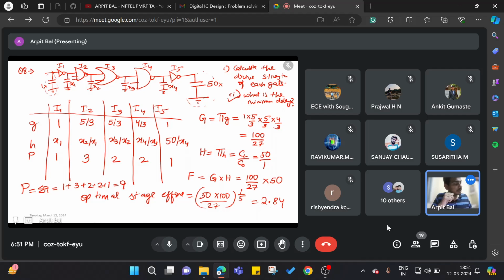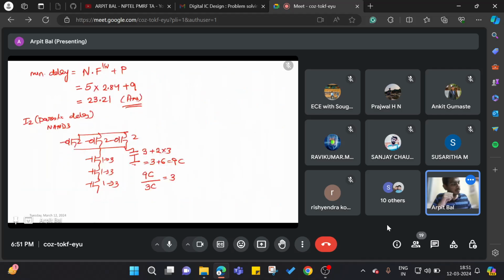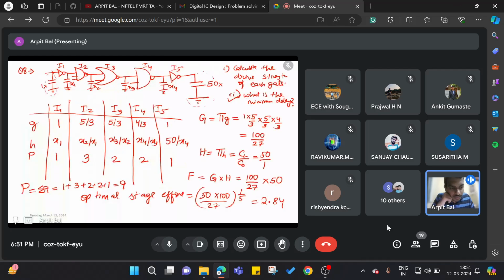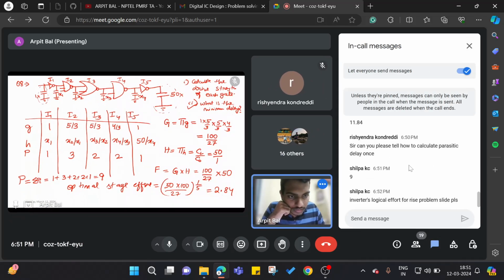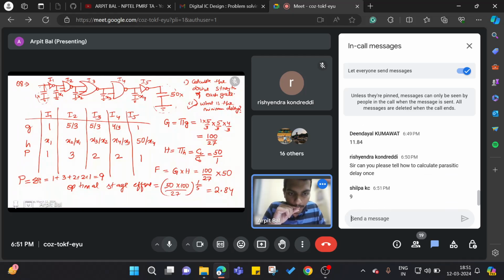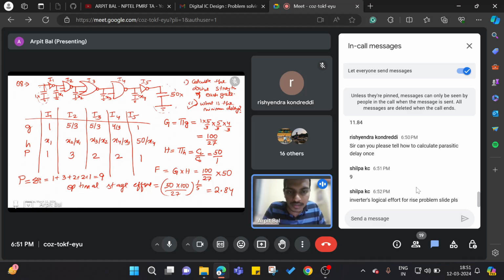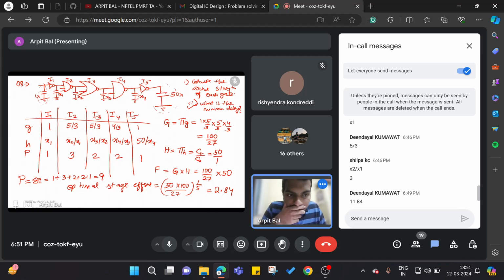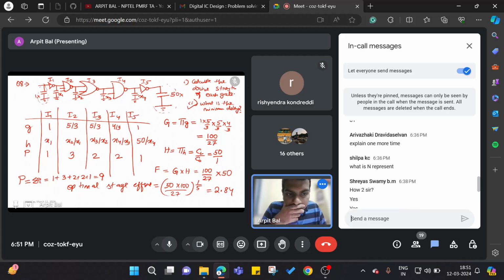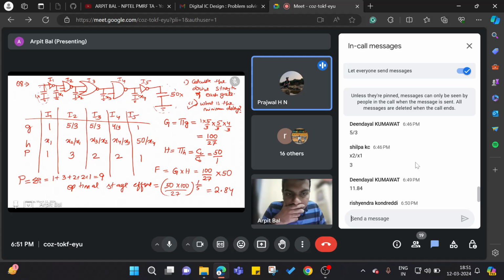Is everyone clear with this part? I'll revisit all the problems again, but let us solve question 8 first. There are a few more steps left to calculate the drive strength of each gate. In question 8, this part, is everyone clear?